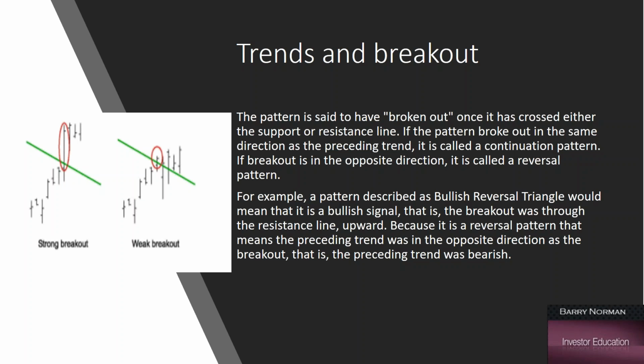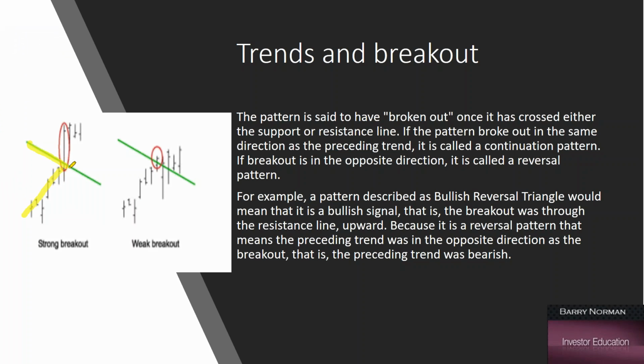Now, you have strong breakouts and weak breakouts. If the price breaks out through the triangle with just a small little gap, it's considered a weak breakout. If it breaks out in a very strong price movement, so you can see here we have upward price movement. I'm sorry, let me get my marker back on here. We have price movement on an uptrend.